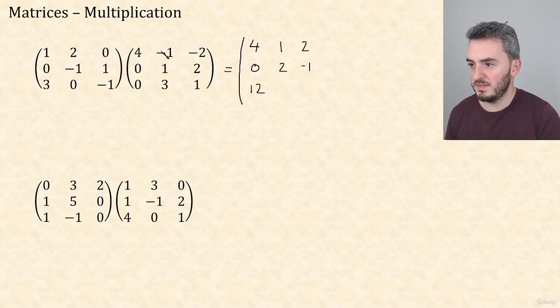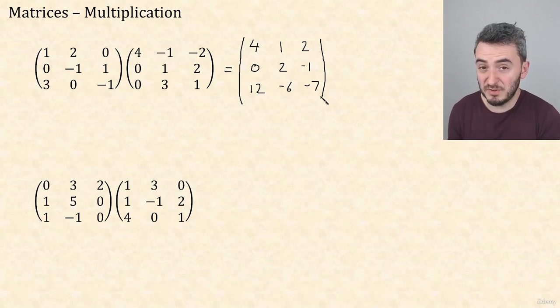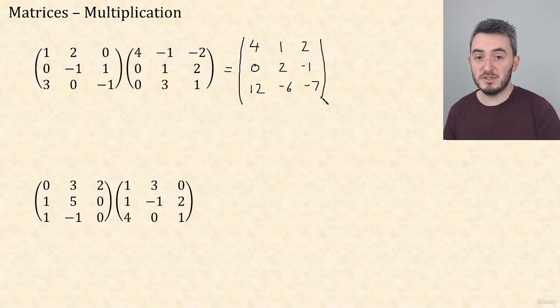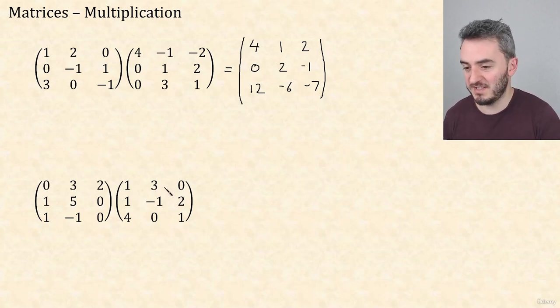Next, it's -3 plus 0 -3. And finally, -6 plus 0 -1. So -7. And it is difficult not to make mistakes on those, so take care when you're doing them, or just do them with a calculator.